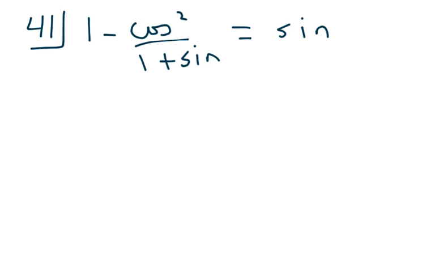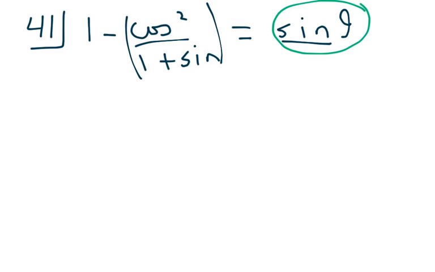Okay. Well, here we have 1 minus this whole bit, and this whole bit equals sine theta. Okay, so I know definitely I'm not going to do anything with this side here because it's already simplified.